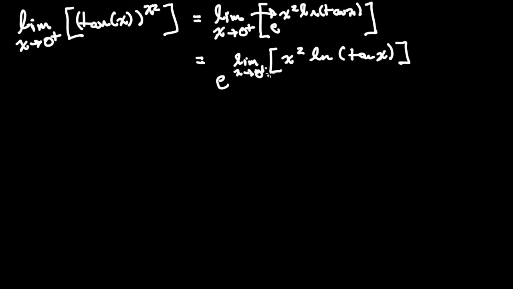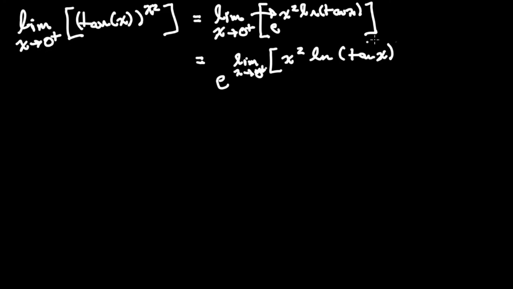But if you try and plug in 0 from the right into this function here, you're still going to end up with an indeterminate form. And so what we're actually going to do is multiply this function by 1 over x squared to move our x squared into the denominator. I'll show you what I mean by that by actually doing it. I'm just going to erase this parenthesis temporarily.